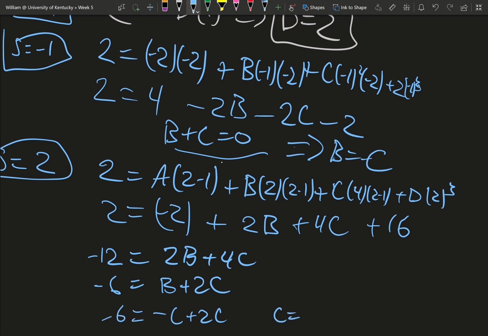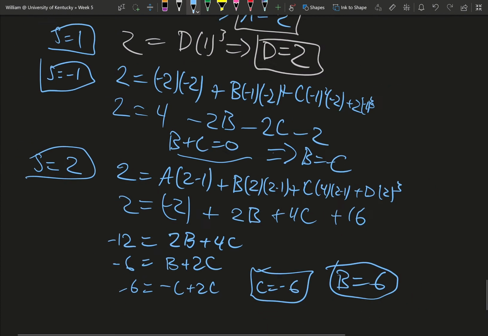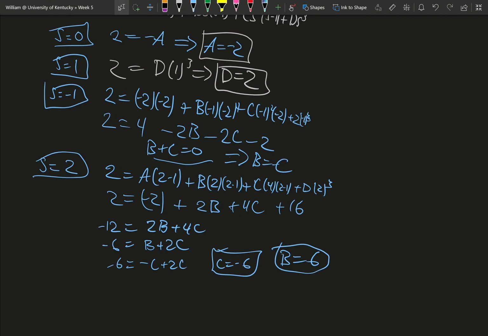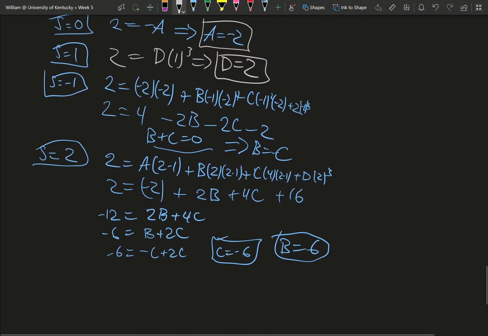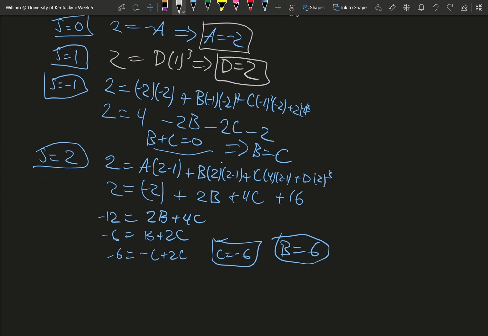So c equals negative 6 and b equals positive 6. Okay, so to go back, I have negative 2 over s cubed plus b, which is 6 over s squared, minus 6 over s, and then plus 2 over s minus 1.